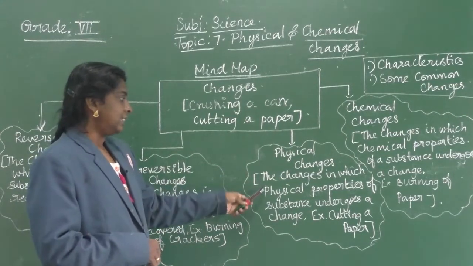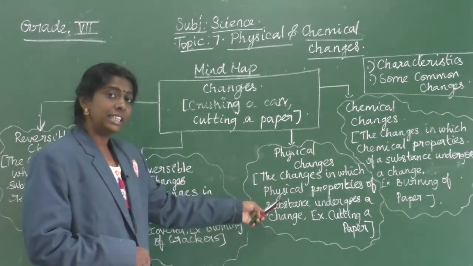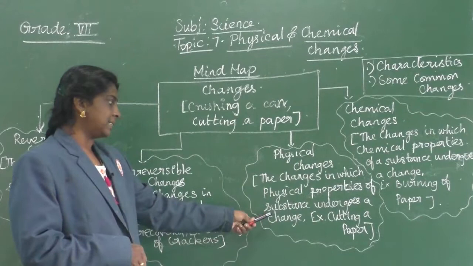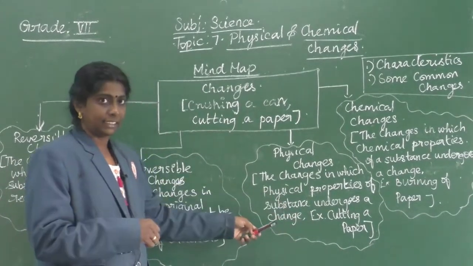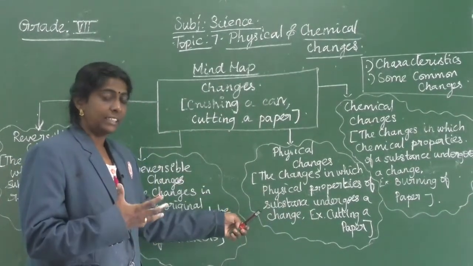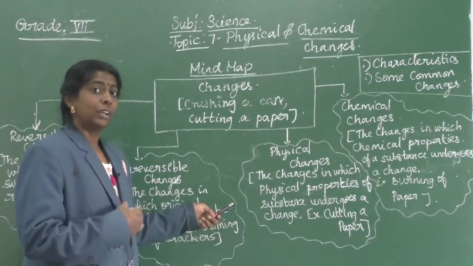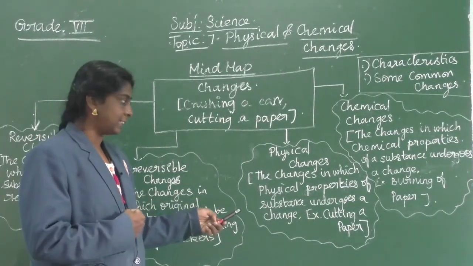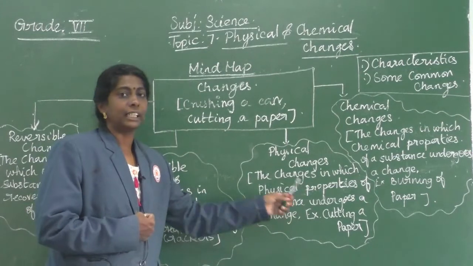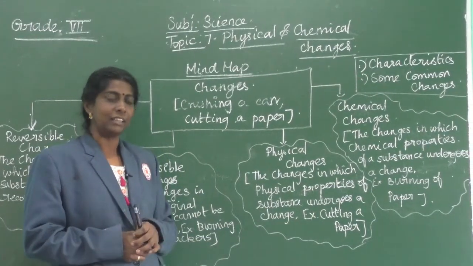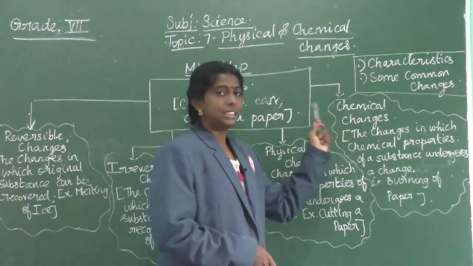The third type, that is physical changes. Here, the changes in which the physical properties of the substance undergo a change. Meaning to say, size, shape, color will undergo change. For example, cutting a paper. Clear? Then, chemical changes.